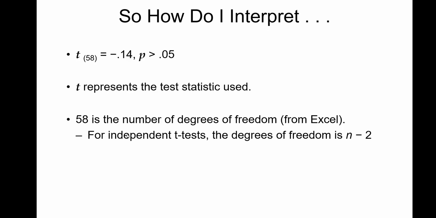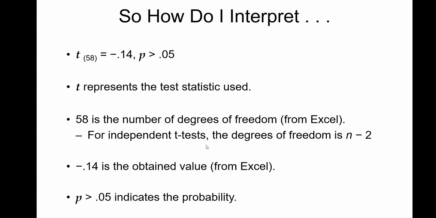That's an important thing to know, because if you have enough people in your sample, it makes it generalizable. If you don't have enough people, it's not going to be generalizable. The next piece is the obtained value. This is from Excel. That's that t-stat, or obtained value. And then last indicates the probability. In this case, I've given an example of p is greater than 0.05, so I know that we have accepted the null.